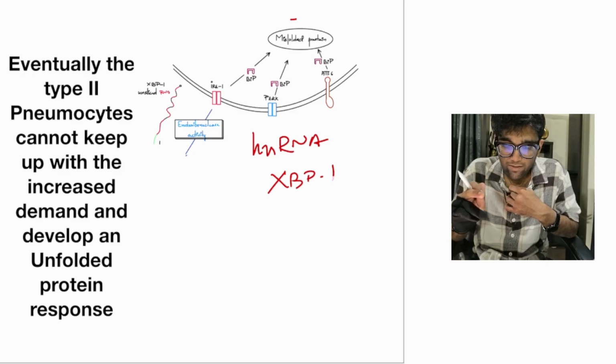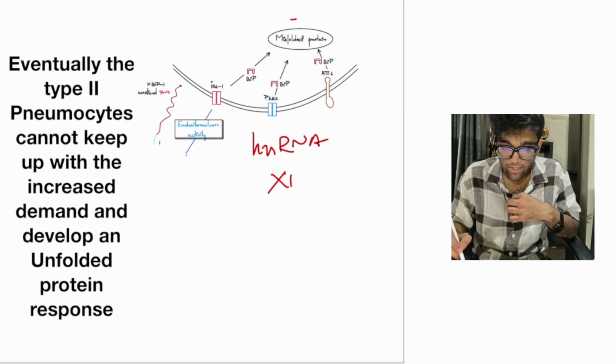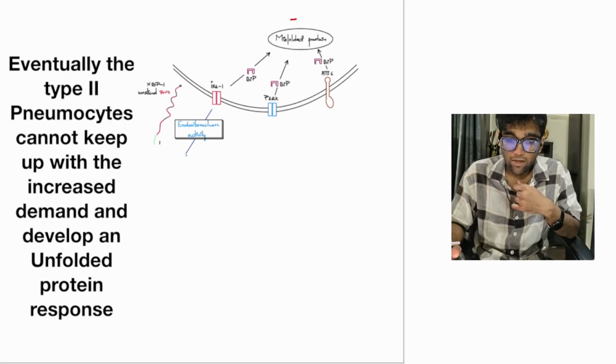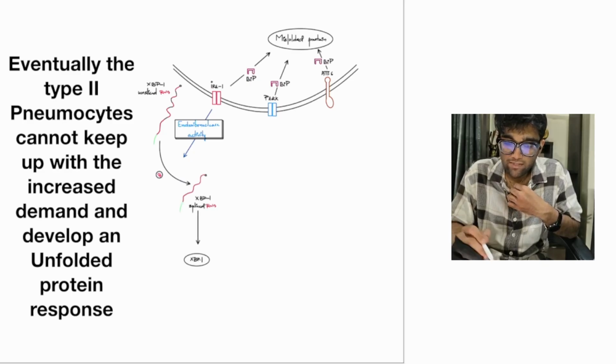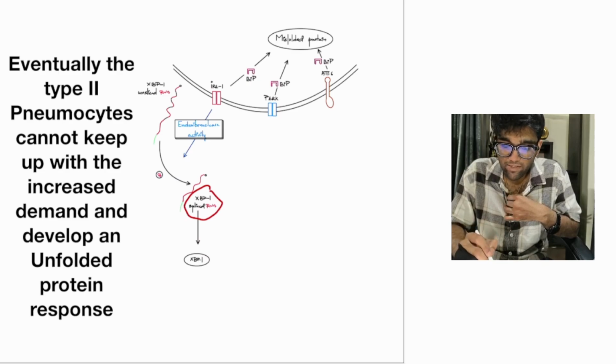In my recent discussion on the pathogenesis of inflammatory bowel disease, if you recall, I talked about X-box binding protein 1. So this is the same protein. Now, with this endoribonuclease activity, it converts this XBP1 into spliced XBP1 RNA, eventually producing the actual XBP1 protein.